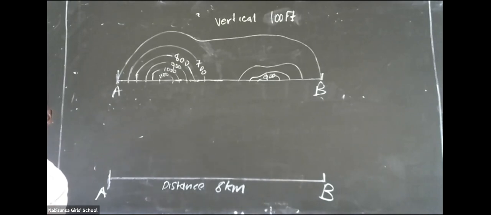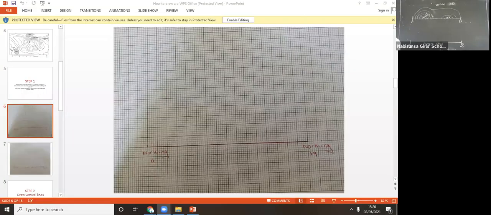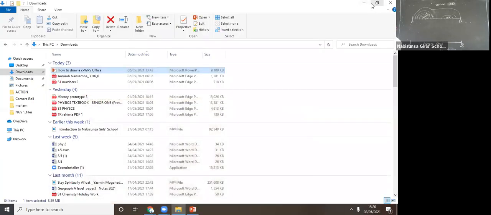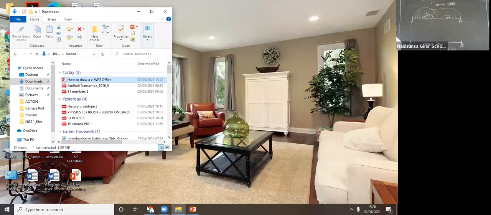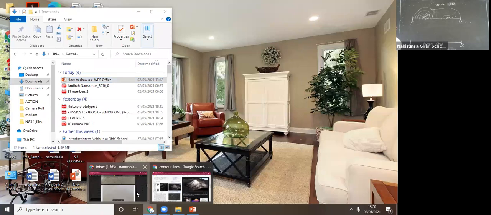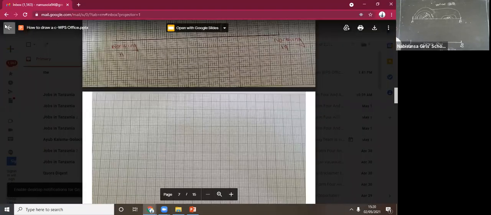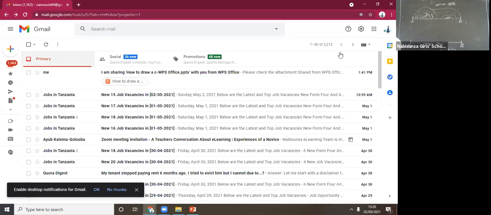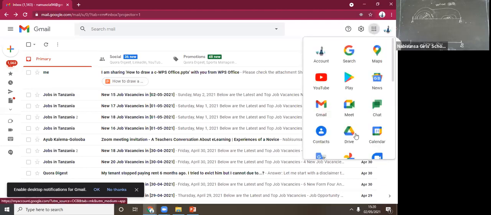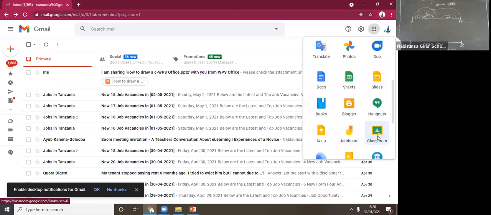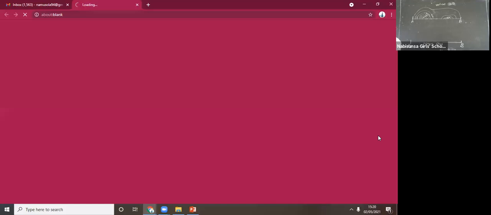People were having map extracts. Let me try to see whether here I can get a map extract and see what I'm trying to say. Where is my Google Classroom? It's here, let me get it.